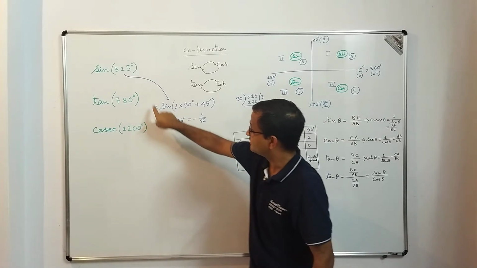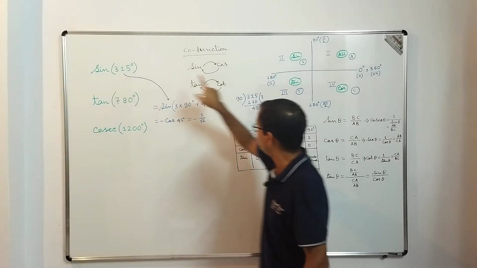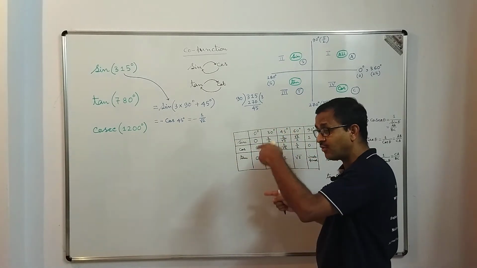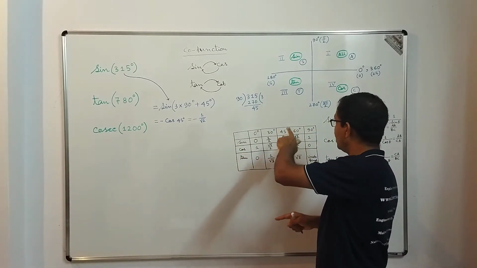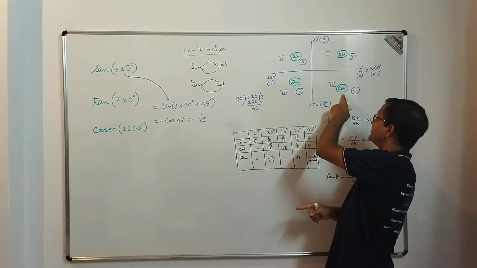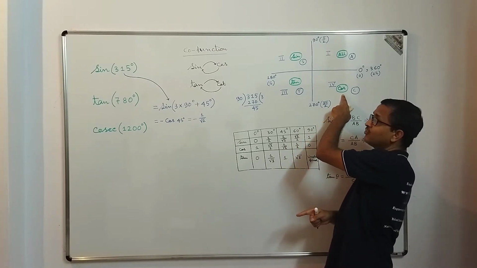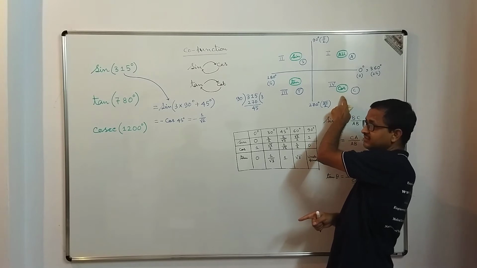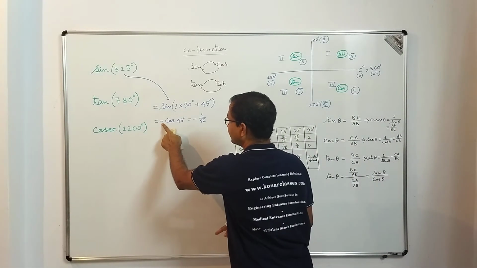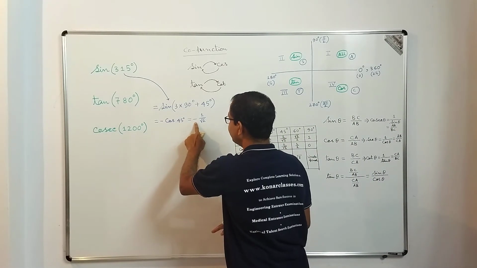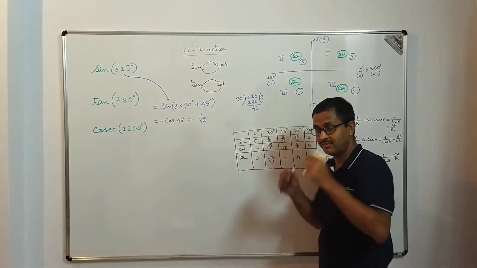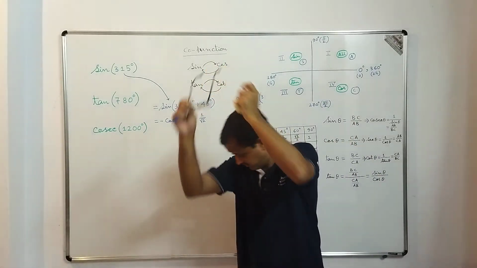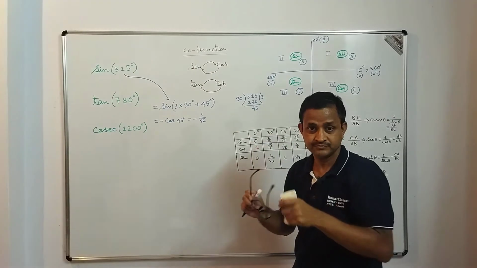That depends on in which quadrant 315 degree is, and in that quadrant whether sine is positive or not. We see 315 degree is in the fourth quadrant, and in the fourth quadrant only cos and sec are positive, sine is negative, so we keep the minus sign. That is minus cos 45 degree, which is equal to minus 1 by root 2. Got it, dear students?